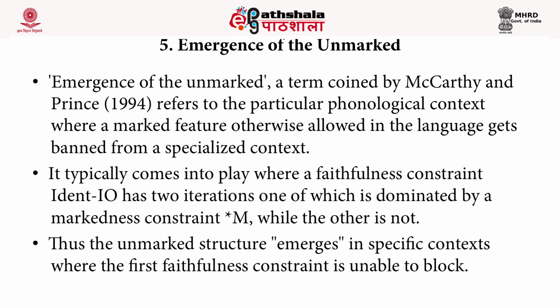Now why does it typically emerge? When a faithfulness constraint has two iterations, one of which is dominated by a markedness constraint while the other is not. Thus, the unmarked structure emerges in specific constraint contexts where the first faithfulness constraint is unable to block.